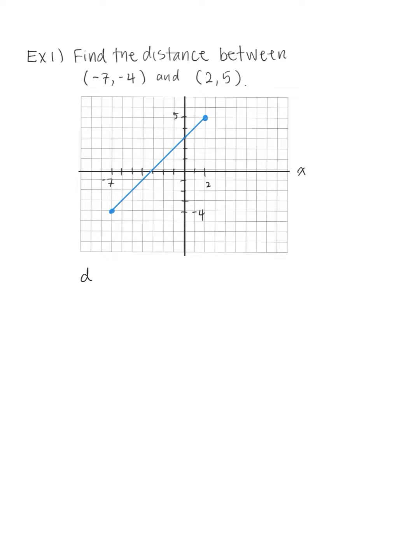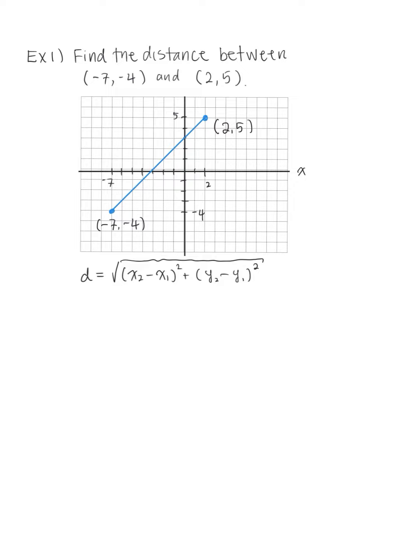Ready? So the distance is given by the square root of x2 minus x1 squared plus y2 minus y1 squared, whole thing in a square root. Now this point here is given by 2, 5, and this point here is -7, -4.